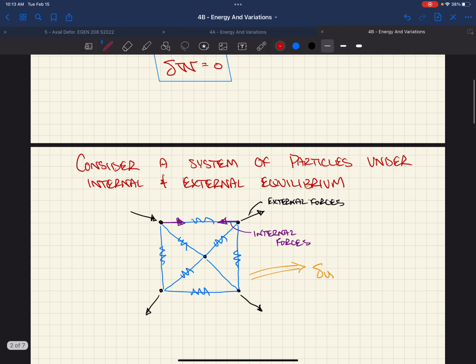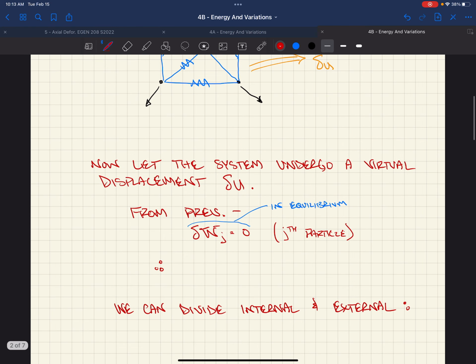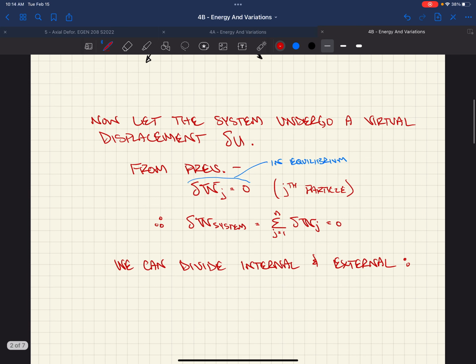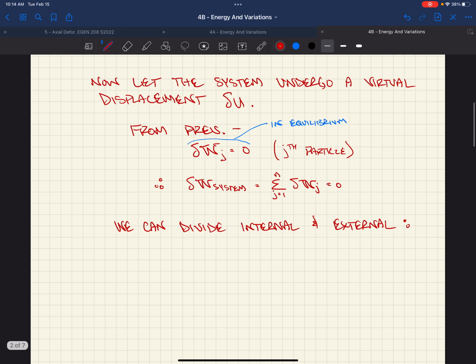At the system level, delta W of the system equals the summation j equals 1 to N, which is really just a summation of each of the particles' work done.